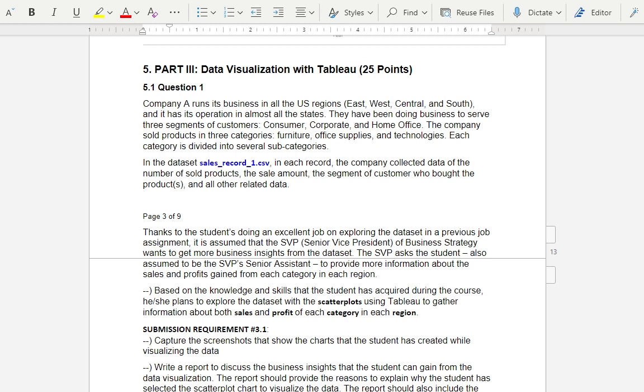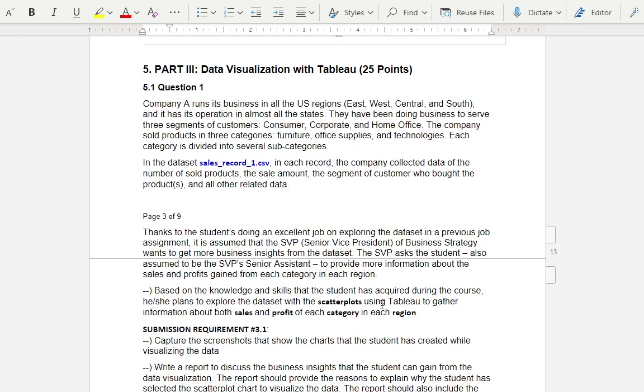In this case, I am an SVP's senior assistant, and the SVP asked me to understand and provide more information about the sales and profits gained from each category in each region. So I have planned to do the scatter plot using Tableau.